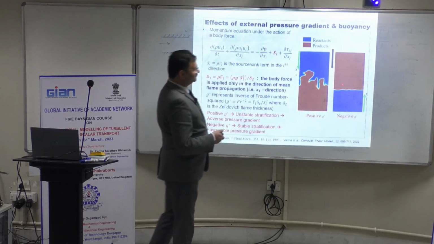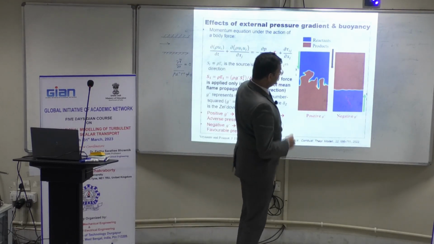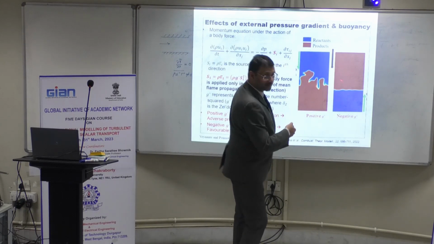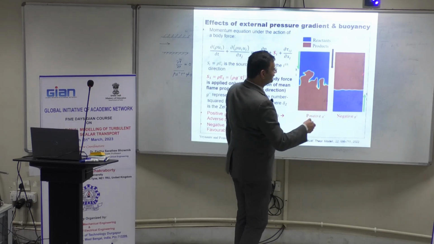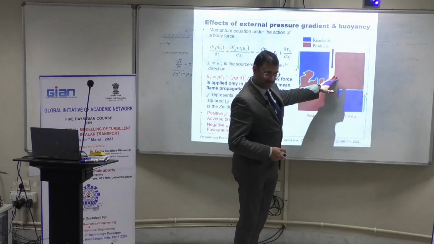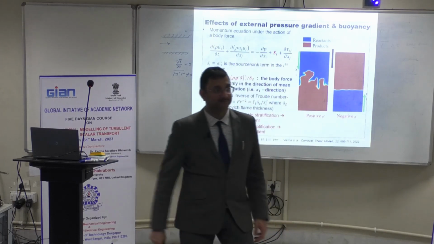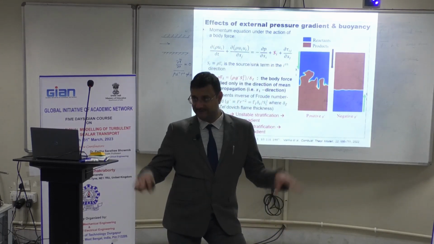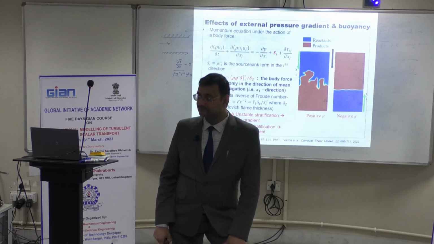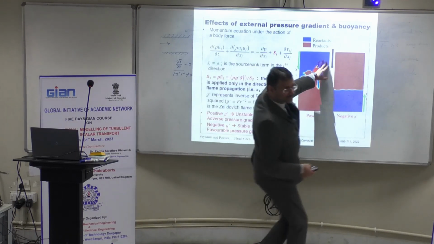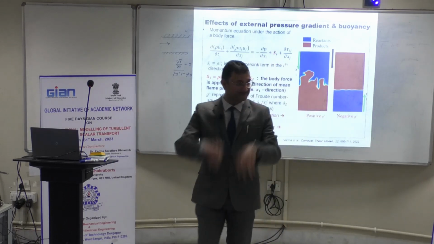This one, this negative g star, flame is propagating in this direction. Body force is working in this direction. Now you have lighter products sitting on top of heavier reactants. It's a stable stratification effect. In fact, if you want to make it turbulent, this body force effectively tries to stabilize it.